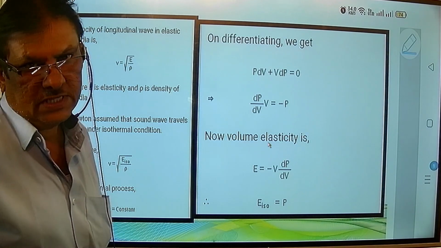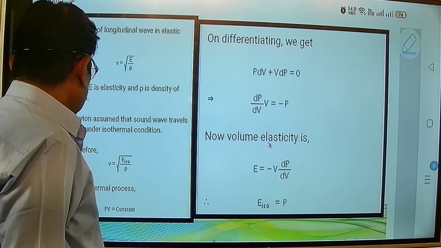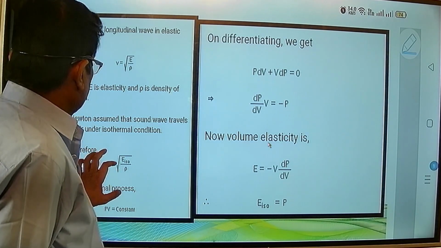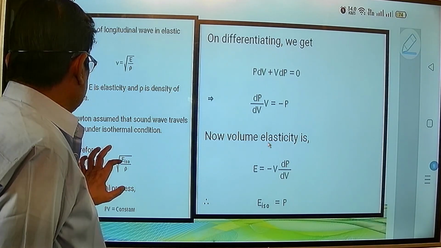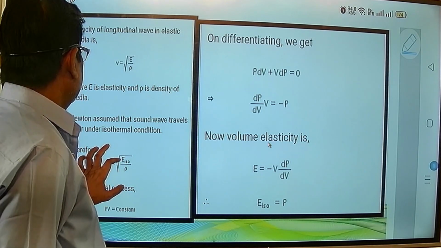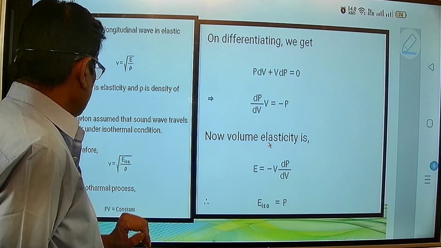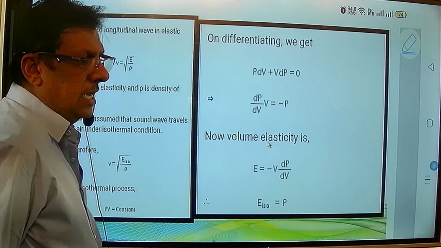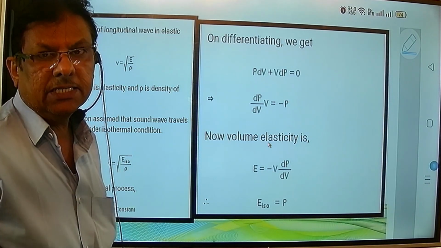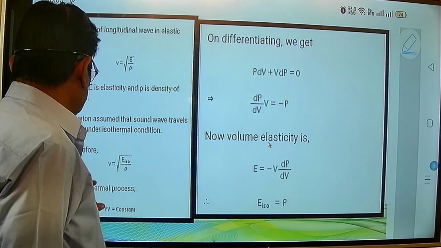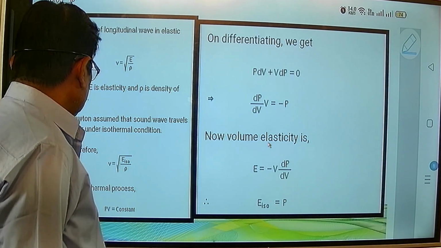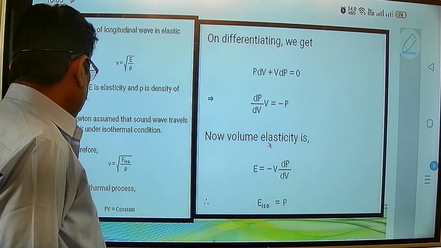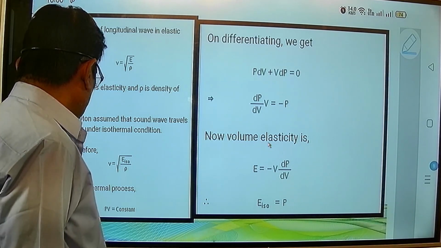So hence we say that it is isothermal. Therefore, we write this E term, that is the elasticity term, as E isothermal, because in isothermal condition the elasticity property does not change. So we write this equation V is equal to under root E isothermal upon rho.